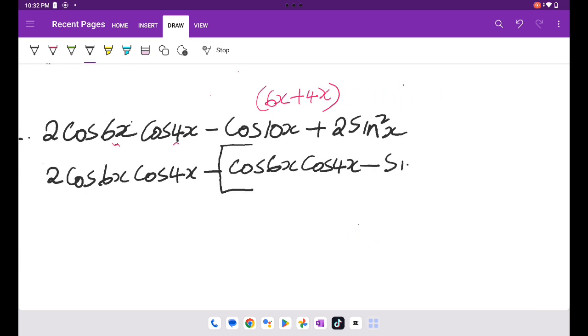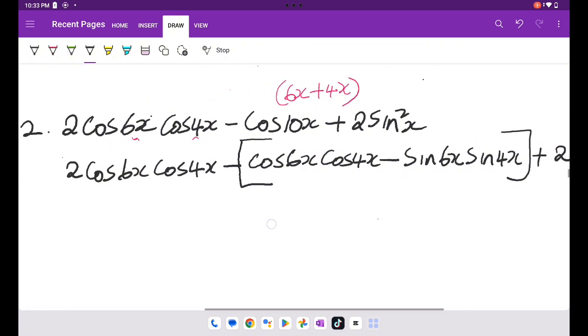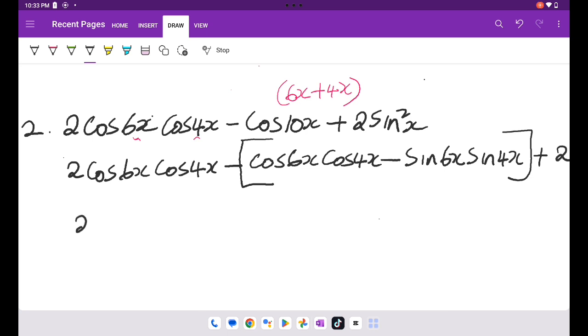sine 6x sine 4x. So this is then plus 2 sine squared x. Now removing this bracket, we will have 2 cos 6x cos 4x.